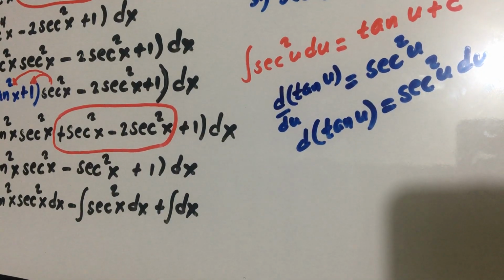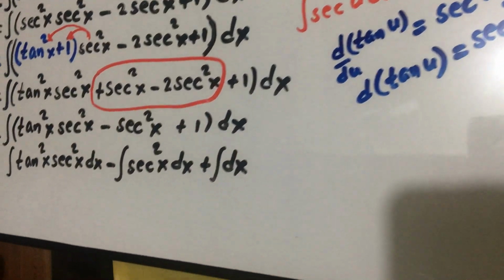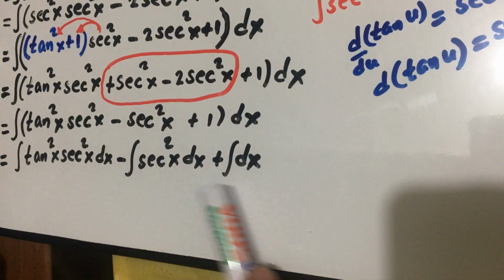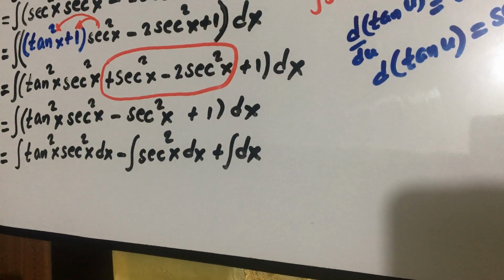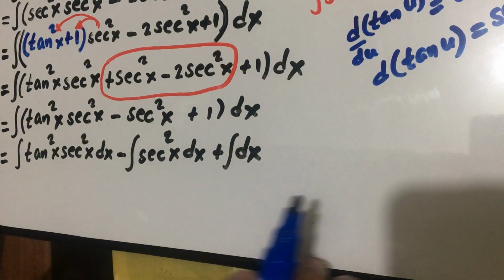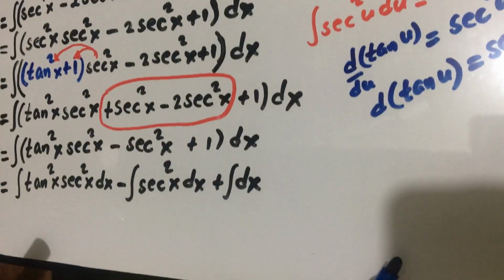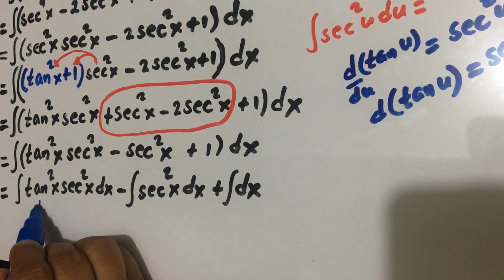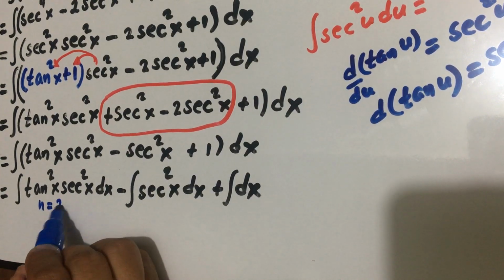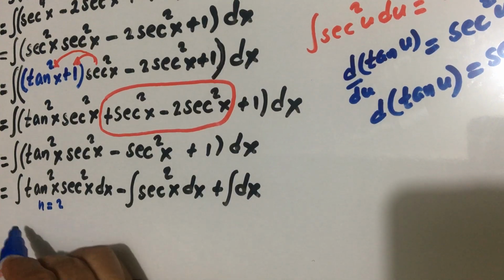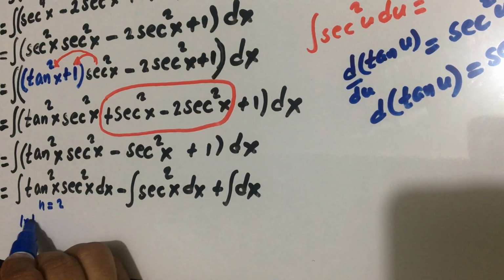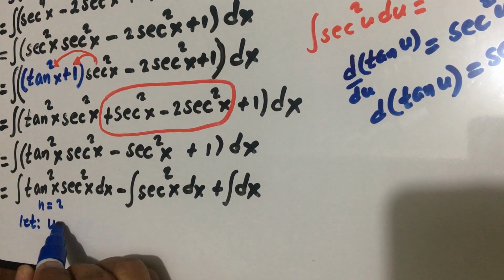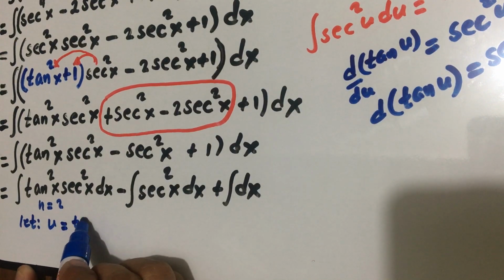Okay, so we have to make use of this formula in solving these parts here. So from here we can have our n is equal to 2. Then we can let u be equal to tangent x.